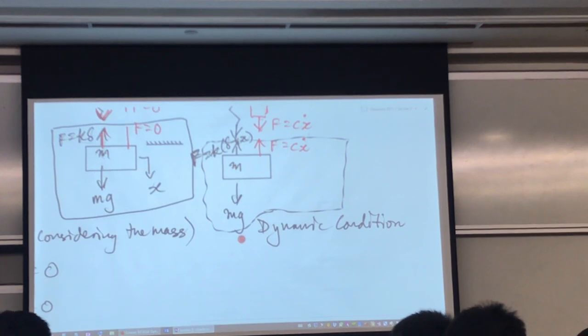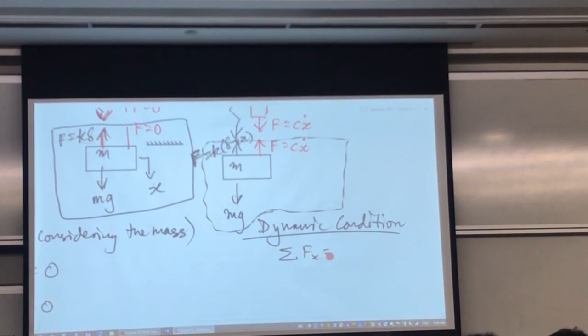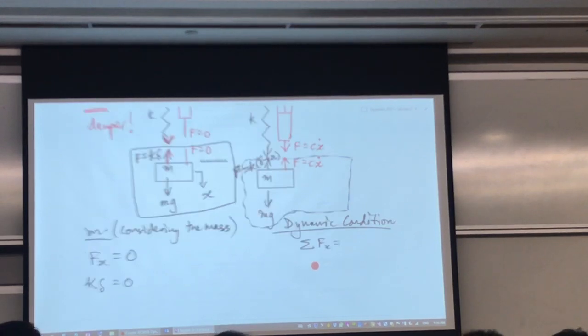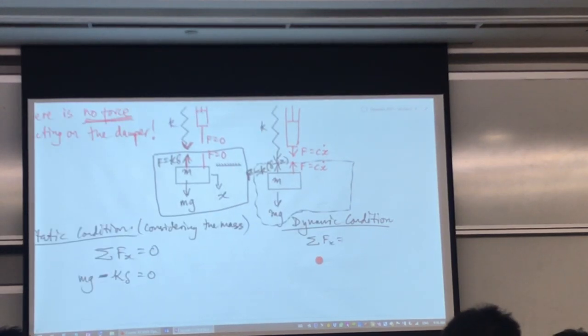So do the same thing, summing up the forces in the direction of X, and because dynamic condition, it's equal to mass times acceleration.